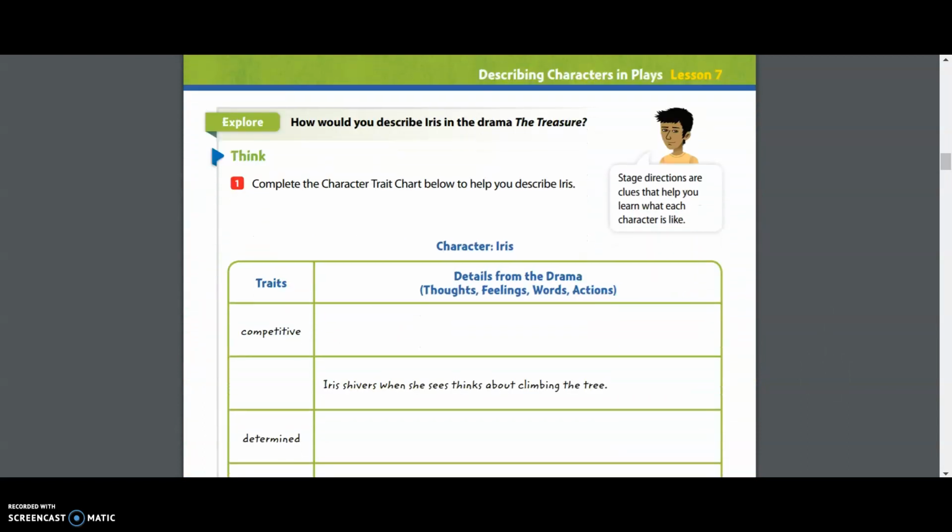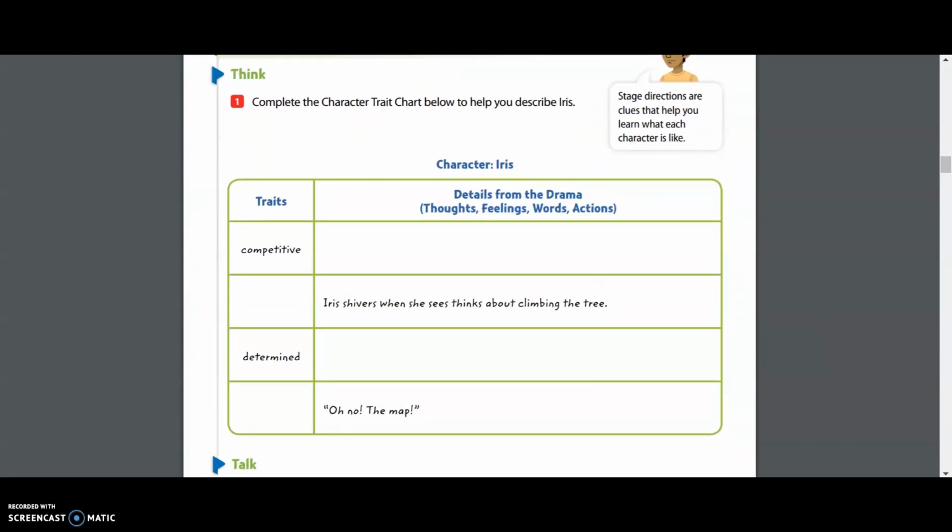So what could that tell us about Iris? I put on my paper that because Iris is shivering, as well as with what she said in the text, I believe that Iris is fearful. So in that empty box under the word competitive in the traits column, I'm going to write the word fearful.